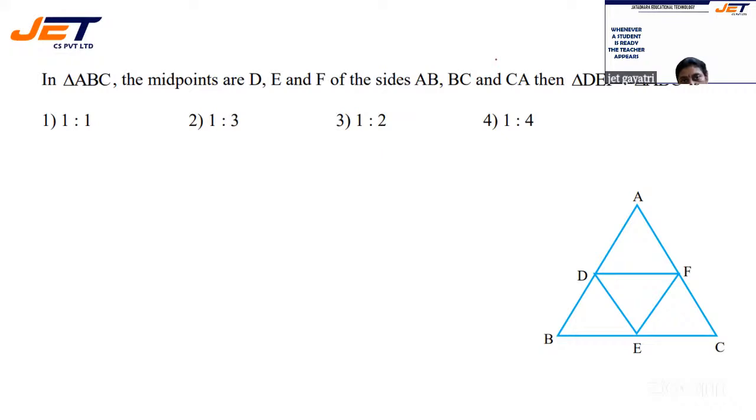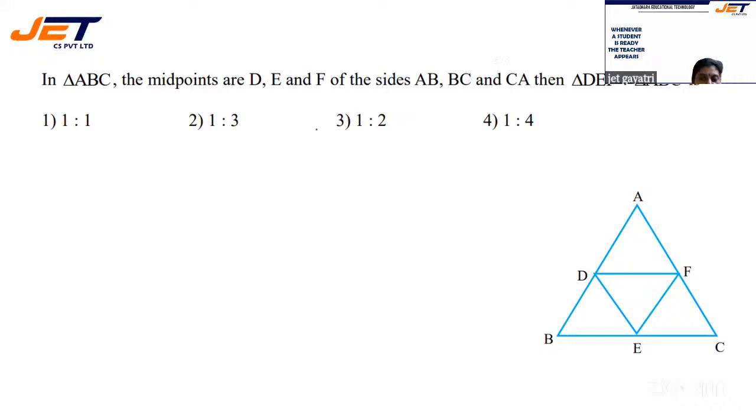Right? So there is one property saying that the area of the outer one should be the square of the inner one. The outer one has four times the area, isn't it?